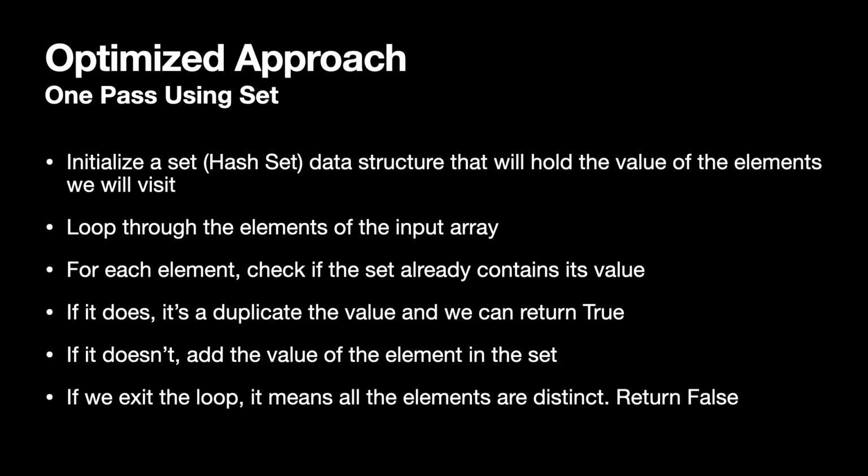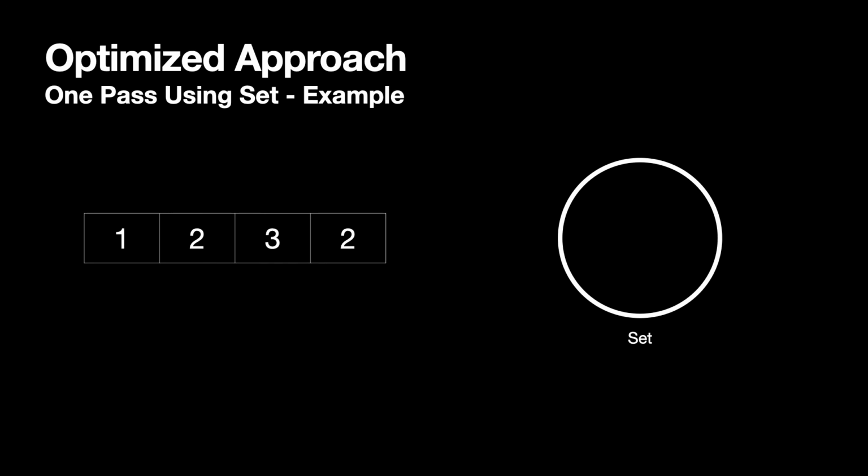Let's now use an example to see this approach in action. Using this array as input, we'll start by taking 1 and we'll check whether the set contains a 1. Since it doesn't, we'll add 1 to the set. Next, we'll take 2, and so we look for a 2 in the set. Since the set does not contain a 2, we'll add it to it.